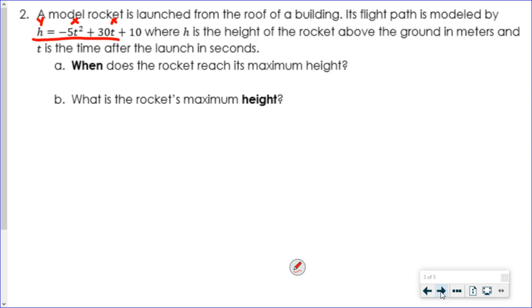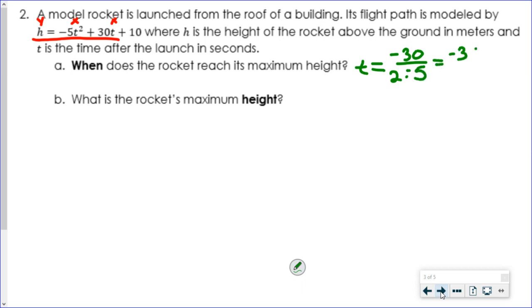When does the rocket reach its maximum height? At what time does it reach its maximum height? So my axis of symmetry, again, is t equals the opposite of b, and b is 30, over 2 times a, and a is -5.